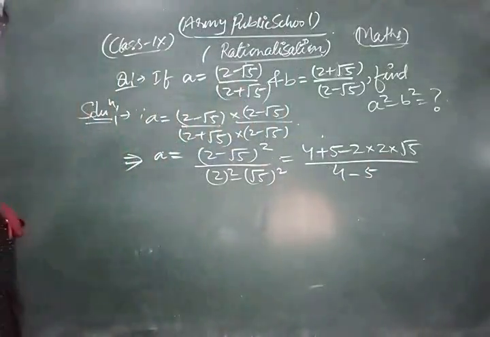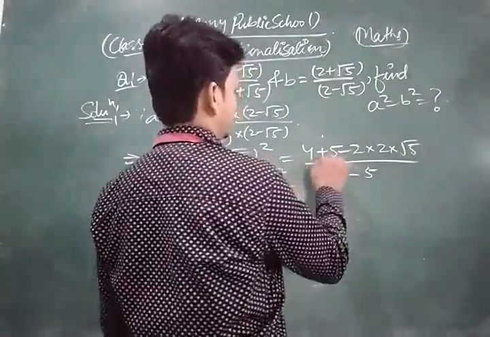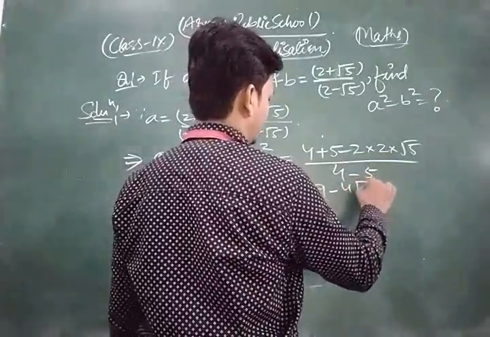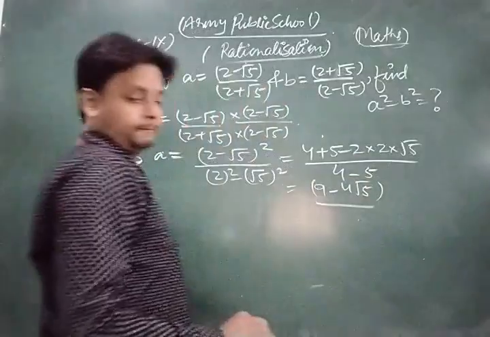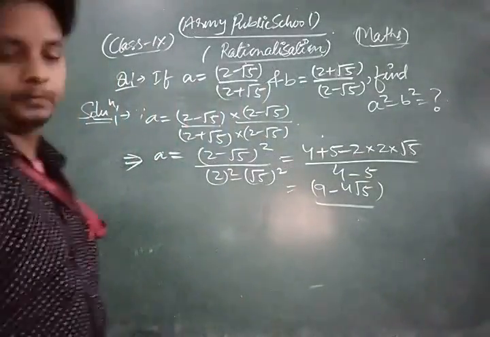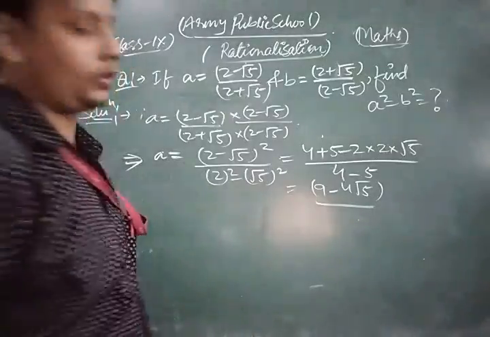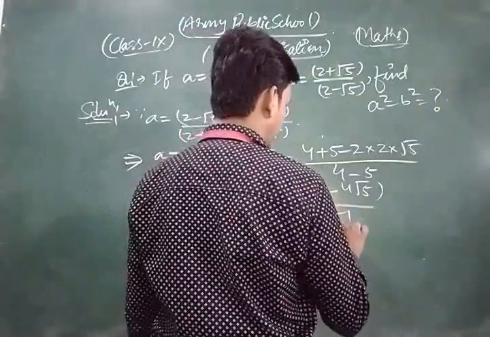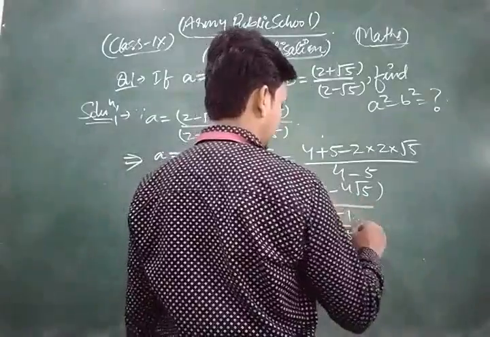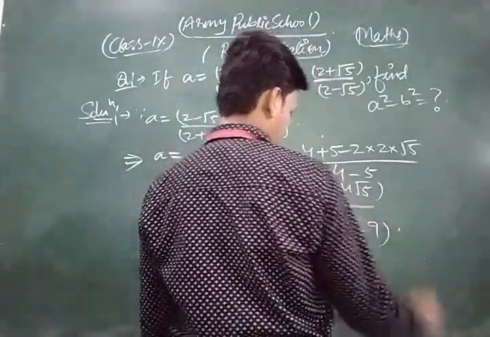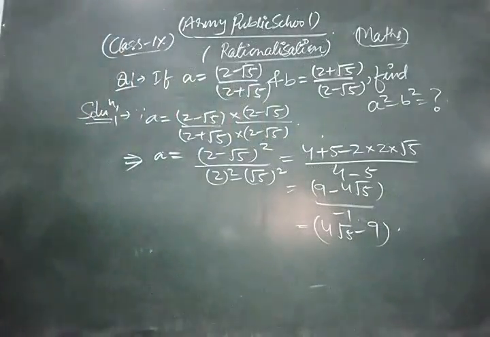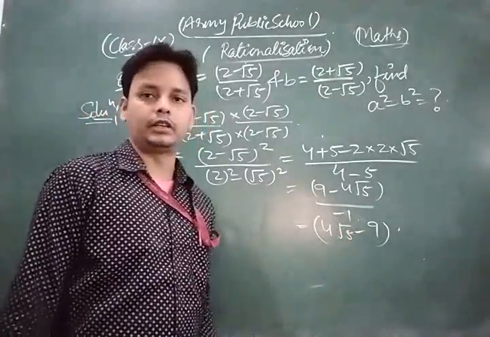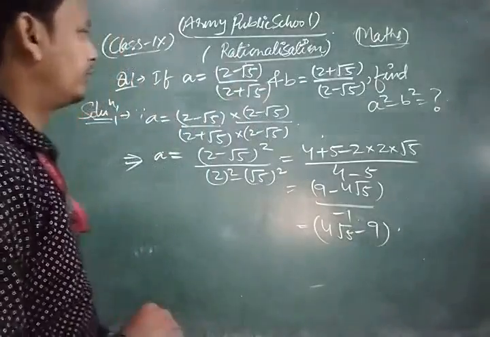So we get 9 minus 4 under root 5 upon minus 1. Multiplying by minus 1, we get 4 under root 5 minus 9. So we simplify the value of a and get 4 under root 5 minus 9. Similarly, we simplify the value of b.